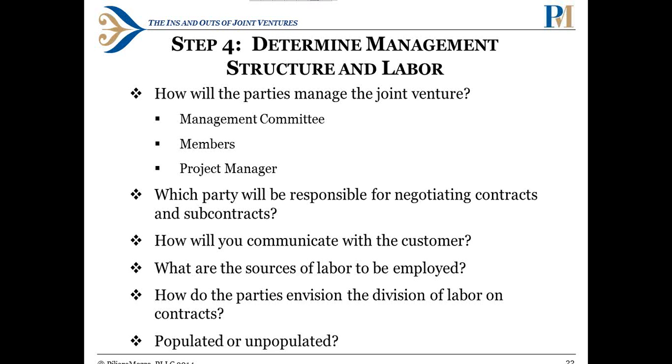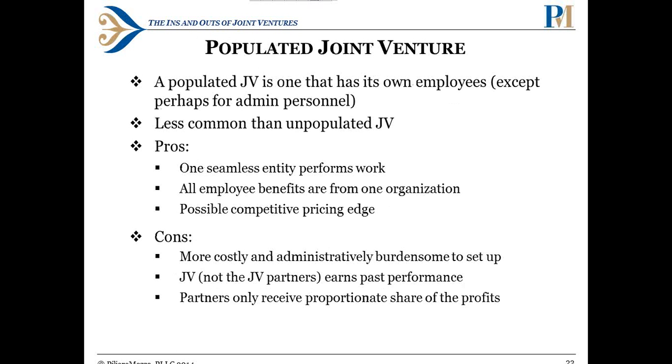And populated versus unpopulated, we've alluded to it a little bit, and we've certainly got a number of questions about it. So why don't we jump into populated or unpopulated? What does that mean? Because that's one of the keys in determining the management and structure of the joint venture. A populated joint venture is one that has its own employees.